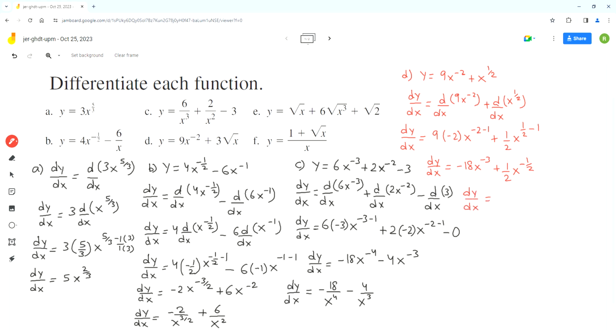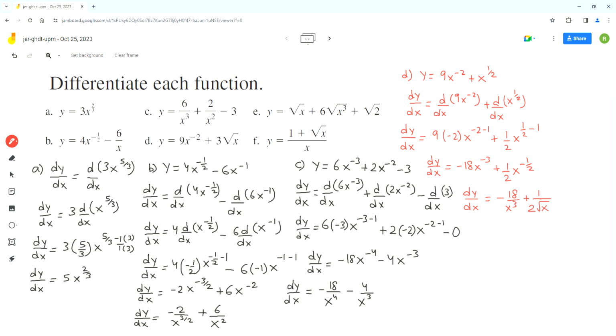So it will be negative 18 over x cubed and then plus 1 over 2 and then square root of x, because when we move x to the denominator it becomes x to the power half, so it becomes square root of x. So this should be the final answer for the derivative of part D.